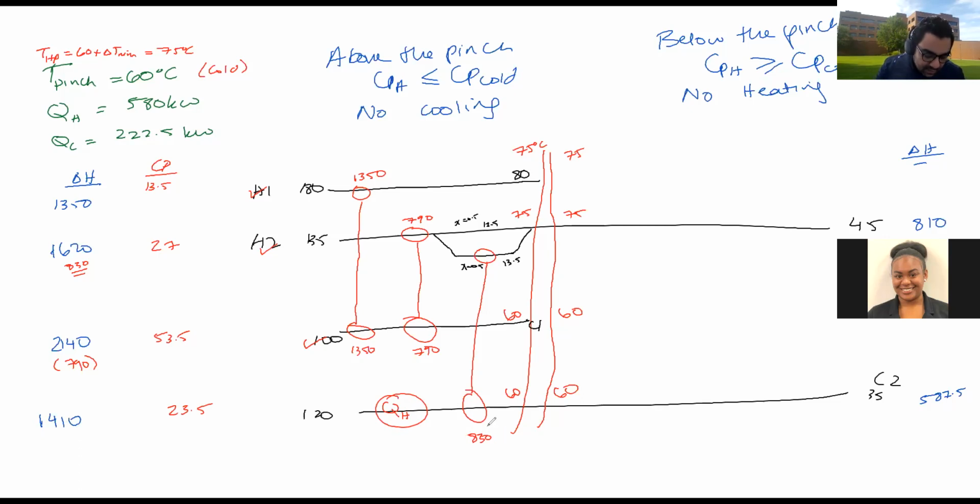So it will be 1410 minus 830, and this is equal to 580 kilowatts. And this number here should always match the number you get from your cascade diagram. If they match, it means that this configuration is valid. If they don't match, then you have a calculation error or a matching error or something. Okay, does this make sense above the pinch before we move on to below the pinch?